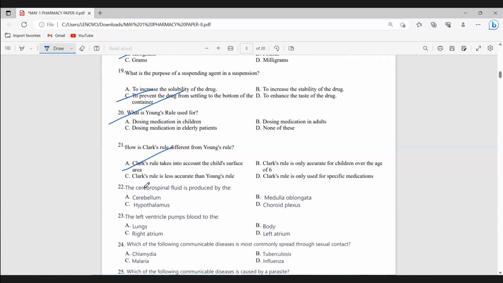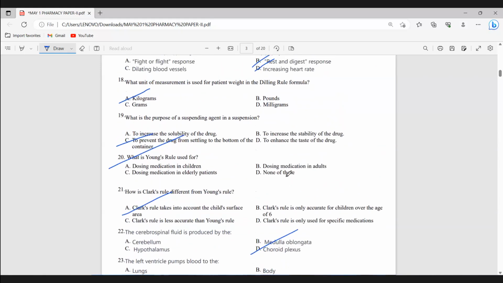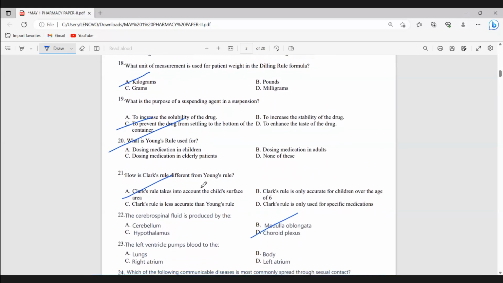Then 22, the cerebrospinal fluid is produced by the choroid plexus. Even how Clark's rule is different from Young's rule.